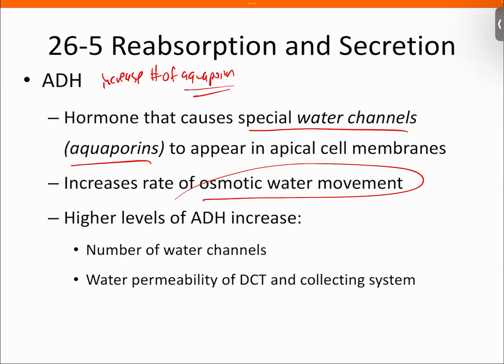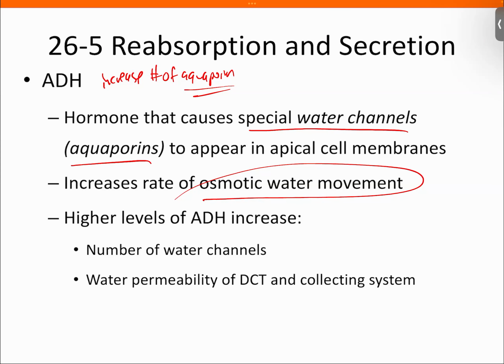Aldosterone is creating the motive force, the reason to move. ADH is simply creating the access. So the two of it goes together. You have to have the will to do something and then the means to do it. Aldosterone creates the will by piling up the salt inside your bloodstream.